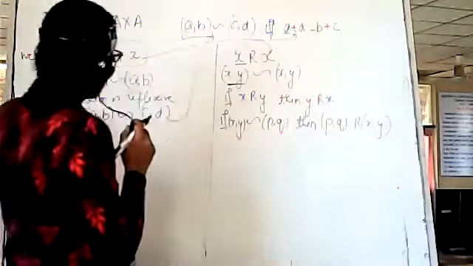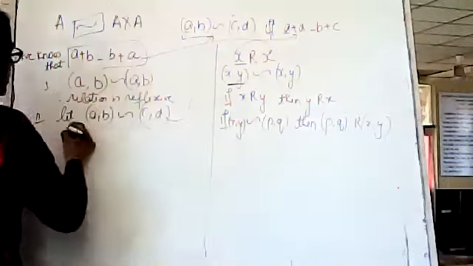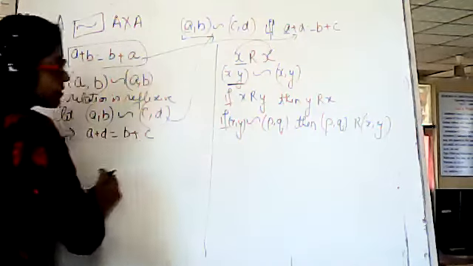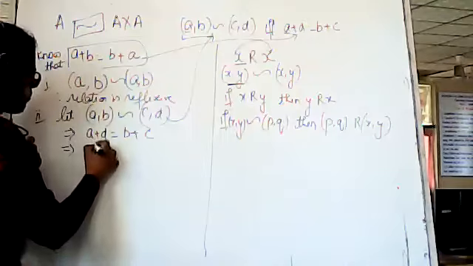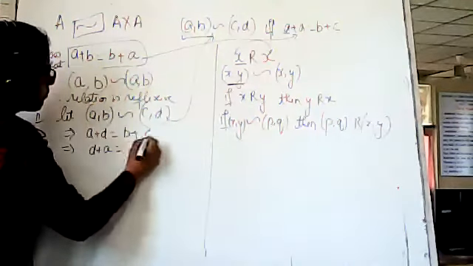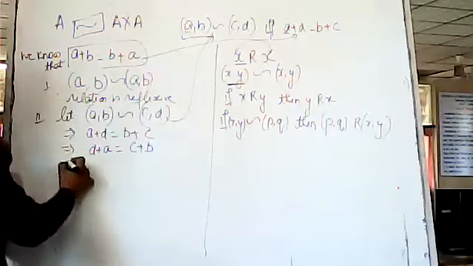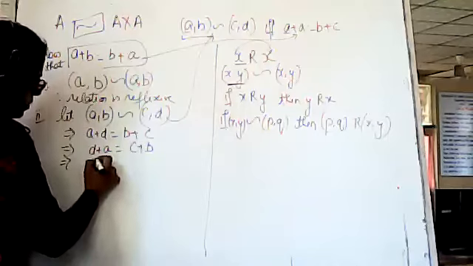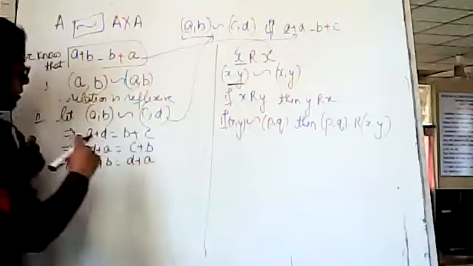AB is related to CD, so what can we write? It implies that A plus D equals B plus C. Now A plus D can be written as D plus A, and B plus C can be written as C plus B. After that, we can change both sides: C plus B equals D plus A.